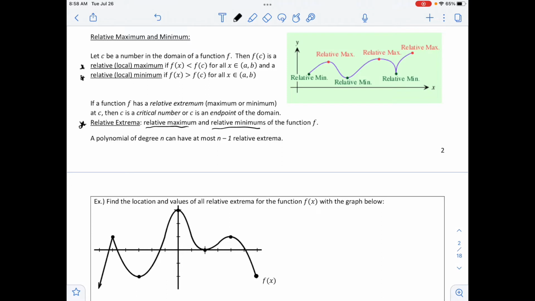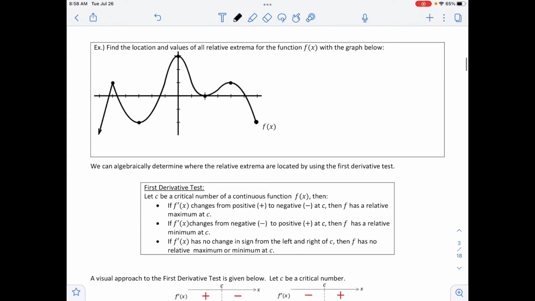And so there is a picture there, and you can see that relative maximums and relative minimums and where they occur, they could also occur at endpoints, which is important to note. And so they either occur at the critical values or at endpoints.